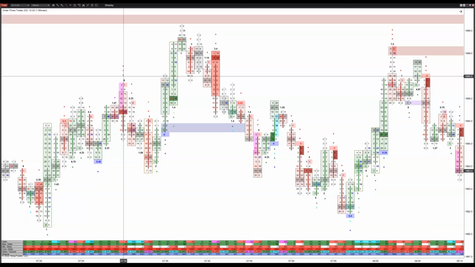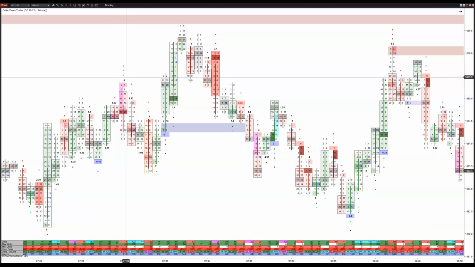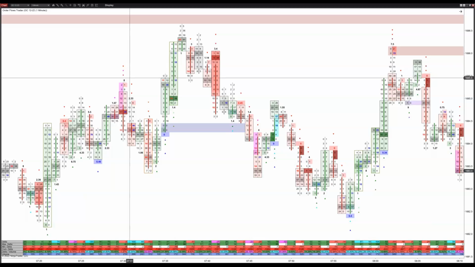Because to be honest, once you start using the software and you get used to it, you start seeing, okay, I've got a red triangle, I've got this one, I've got this one here, I've got 3. Well, what does that mean? Well, okay, I can just look at the bar and say, yeah, I've got 3 bearish things in the order flow here. What do I have? Well, I know I've got sequencing, I've got a bearish slingshot point of control, which is that one, and I've got an exhaustion print.